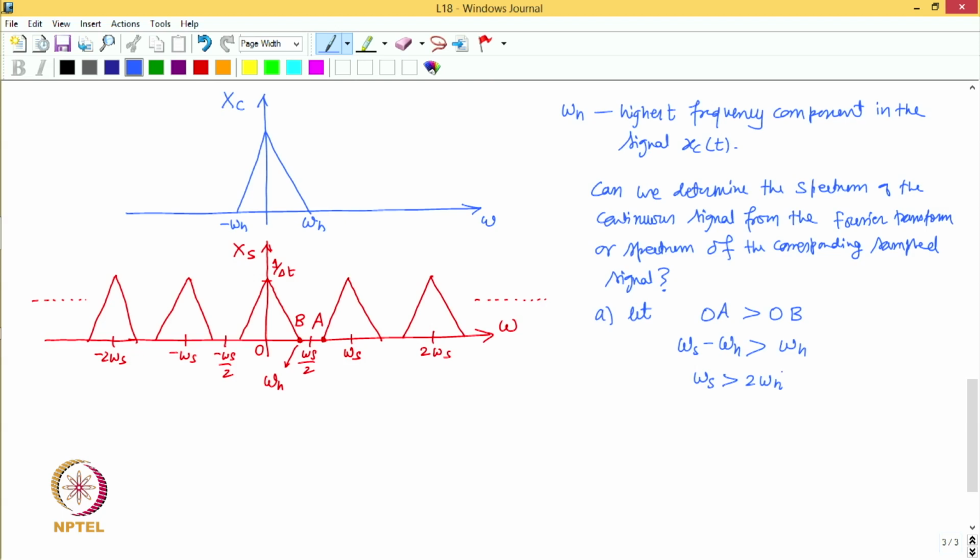When this is satisfied, which is the case shown in the figure, we see that the successive copies of Xc in the spectrum Xs(omega) do not overlap.